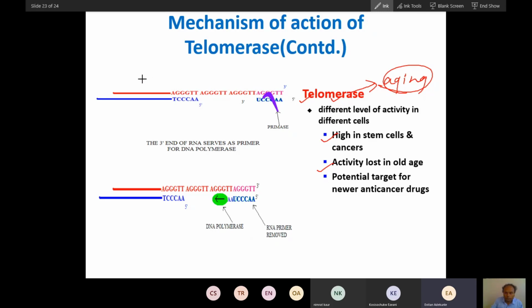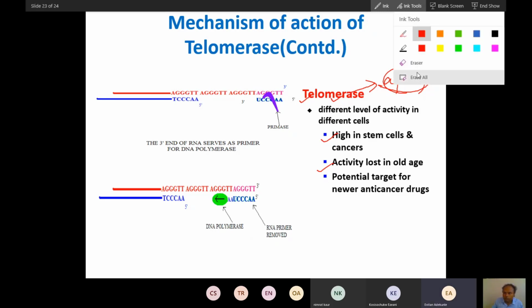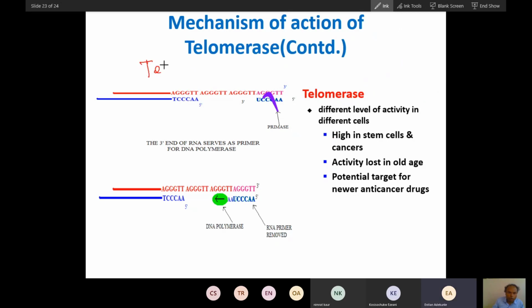Yes. So take it again, please. Telomerase is active in dividing cells. Telomerase is linked to cell division. If there is low activity of telomerase, what will happen? Low cell division.